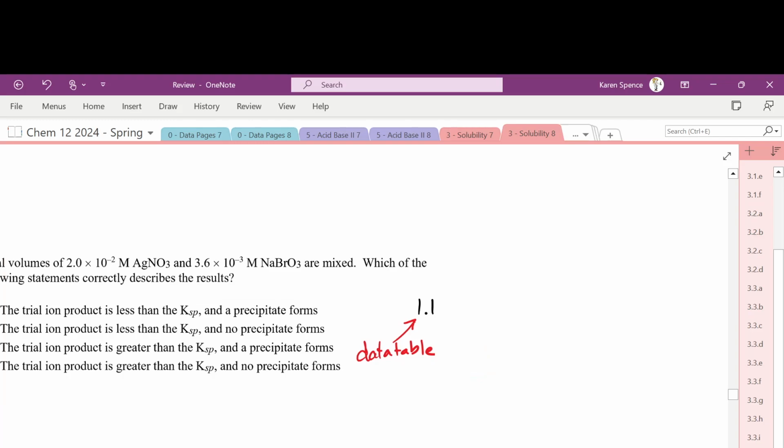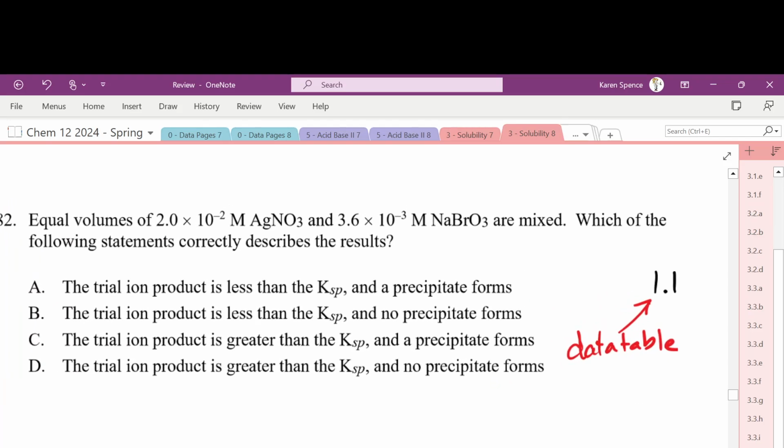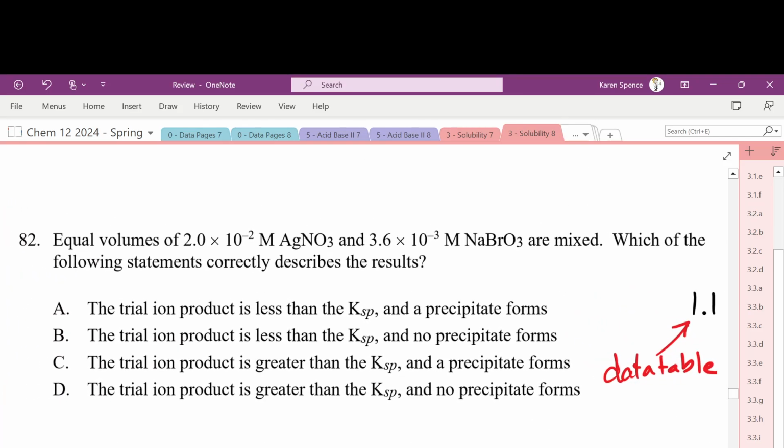Yeah. Okay, so we have equal volumes, and once again, that means that we are halving the concentration, okay? Because if you started with 100 milliliters and they were both 100 milliliters, you would be dividing by 200 milliliters. That would be your final volume. That's VI and that's VF. And so that would be times 1/2.